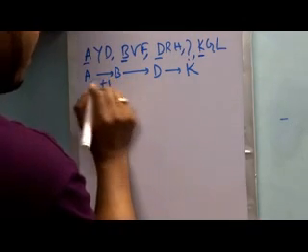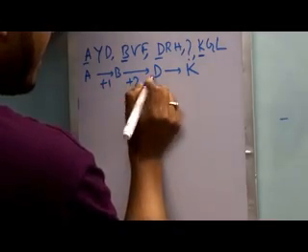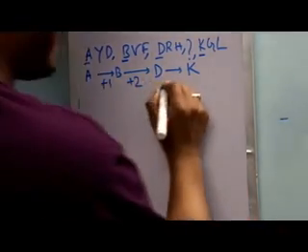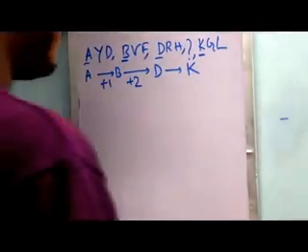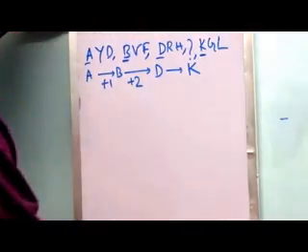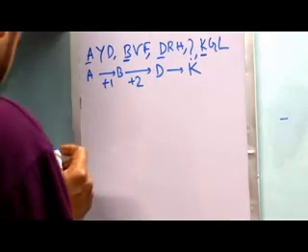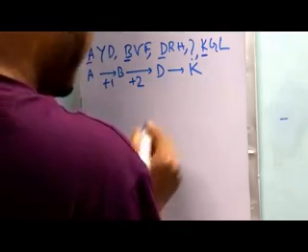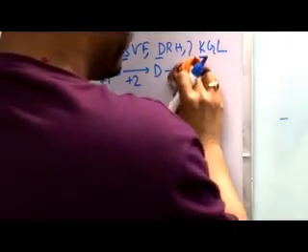A to B is plus 1. B comes just after A. D comes two letters after B, and then K. Sorry, actually that is the question mark.